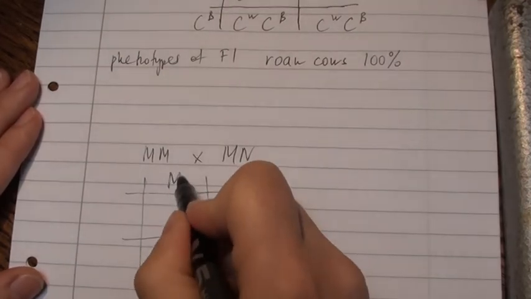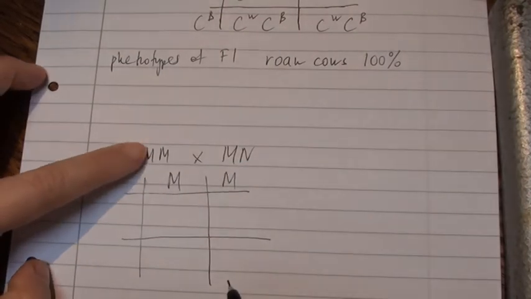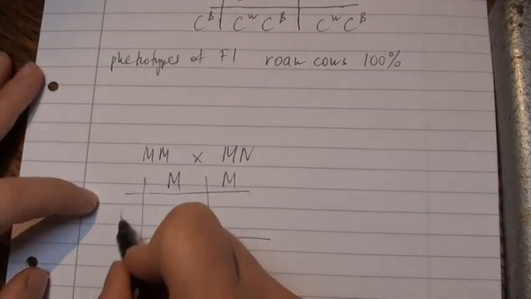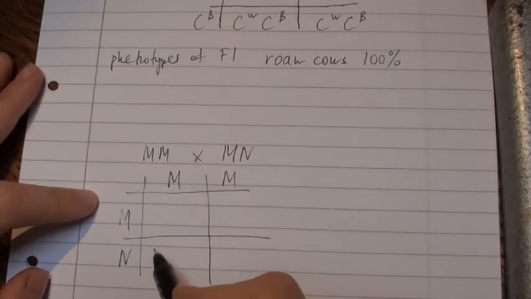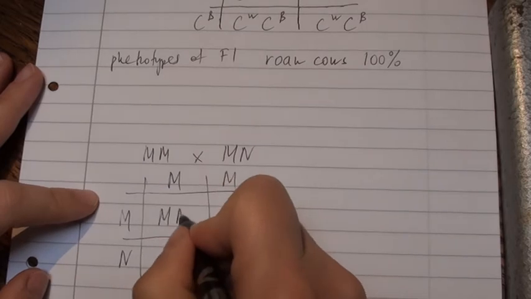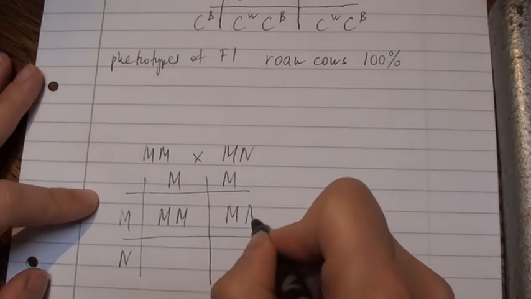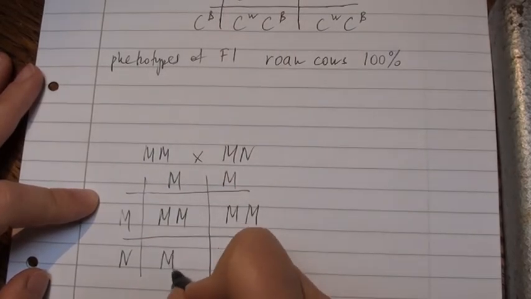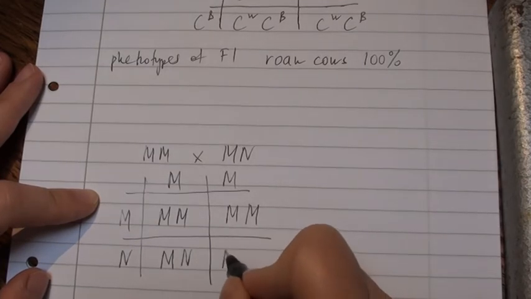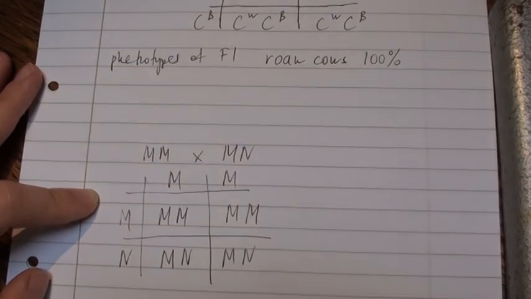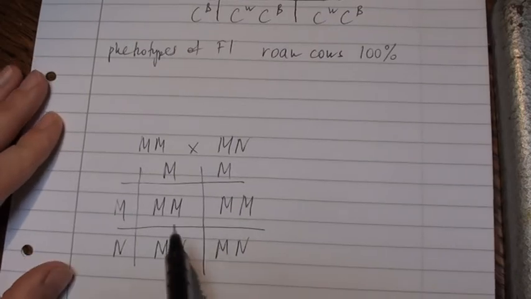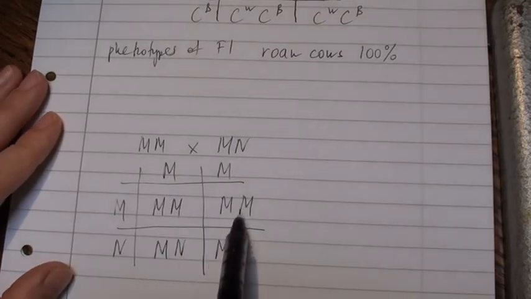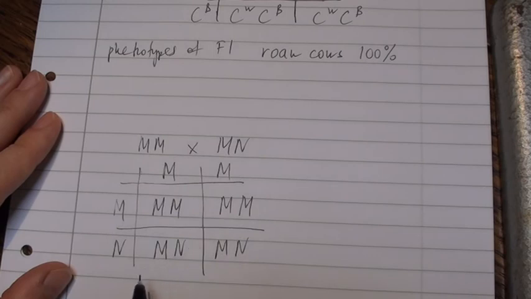So M and M, that's my parent here, and the second one, M and N. And all I'm doing here is just combining the letters together. Obviously do it carefully, don't rush. Okay, and once I've done that, I can clearly see that I've got half of the outcomes being MM and half of the outcomes being MN.